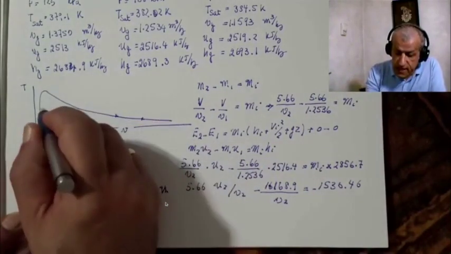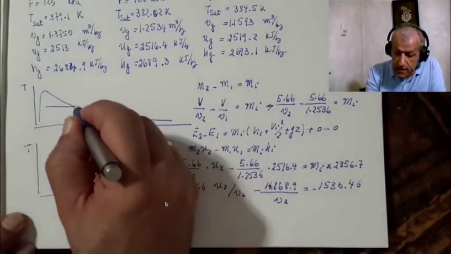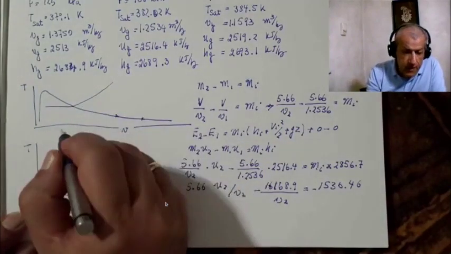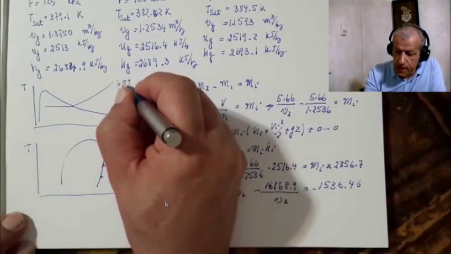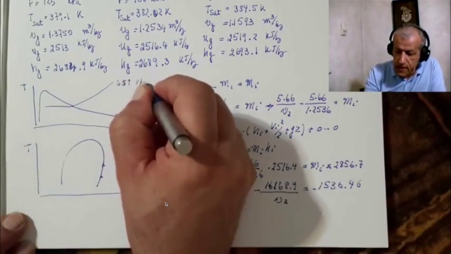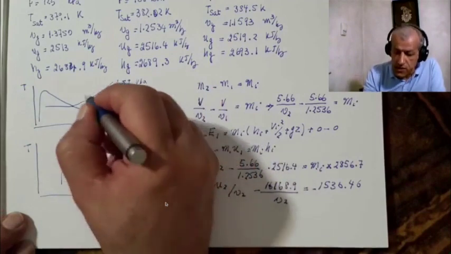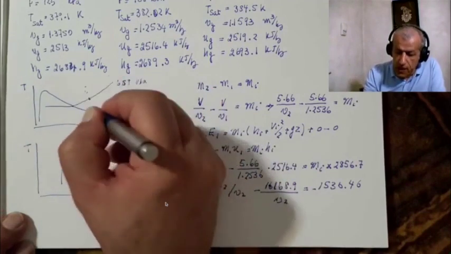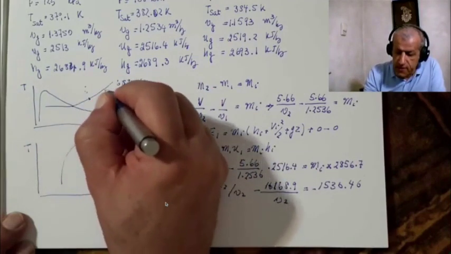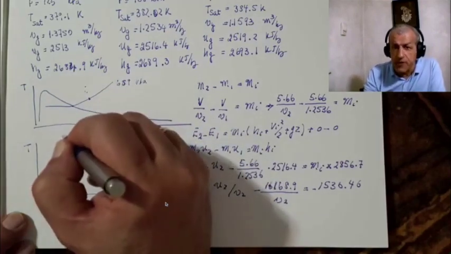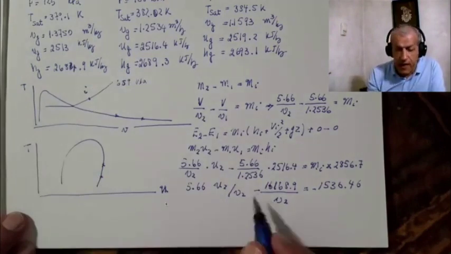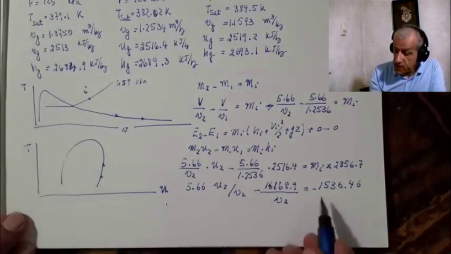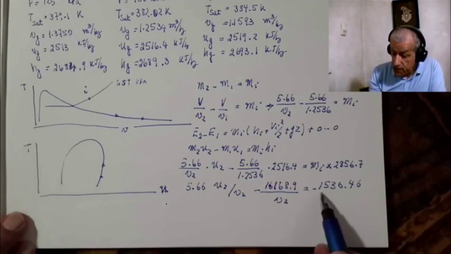Say this is the line of 689 kilopascals. I try one point to the left and some other point to the right, read the values for U and V, and see how that compares with minus 1536.